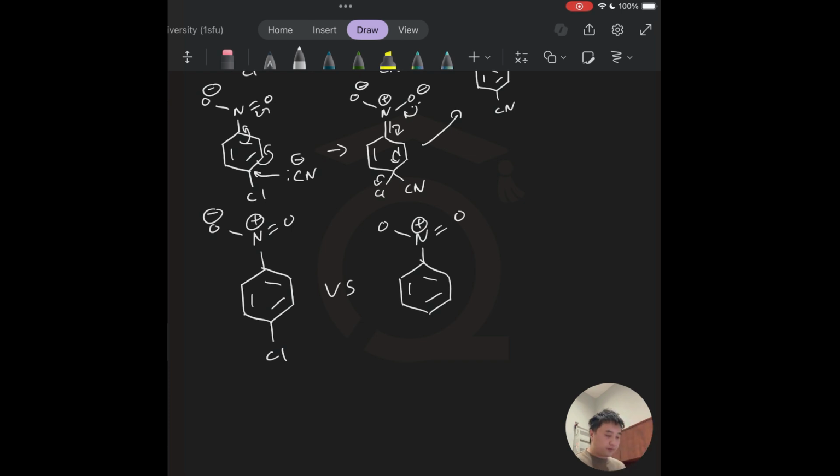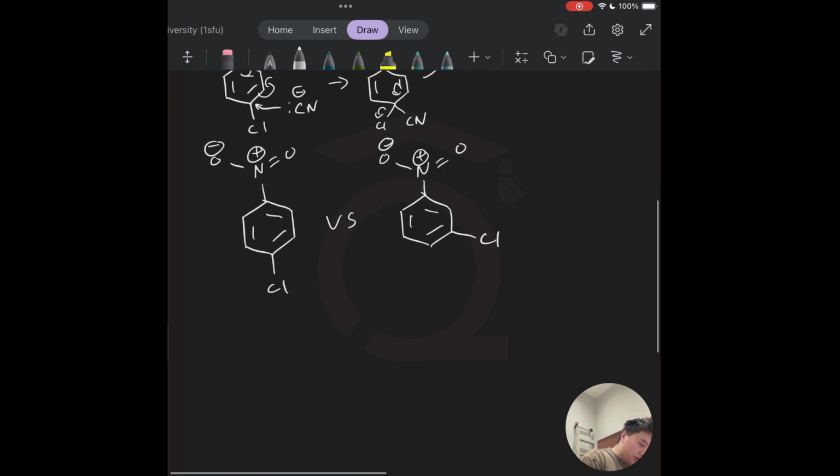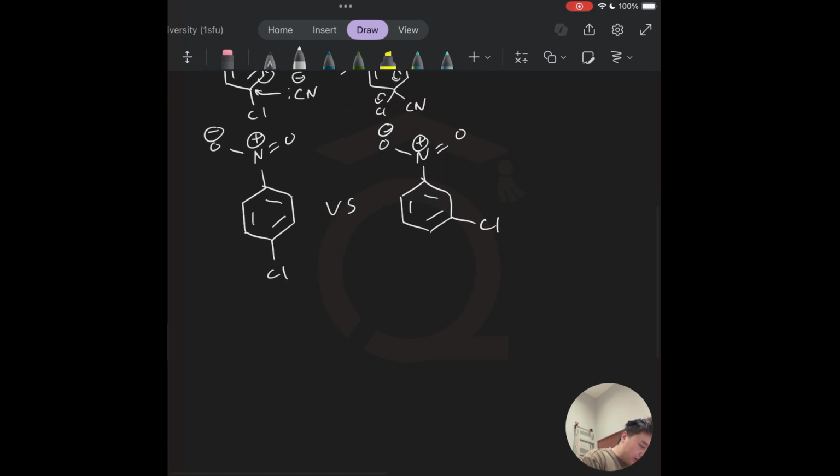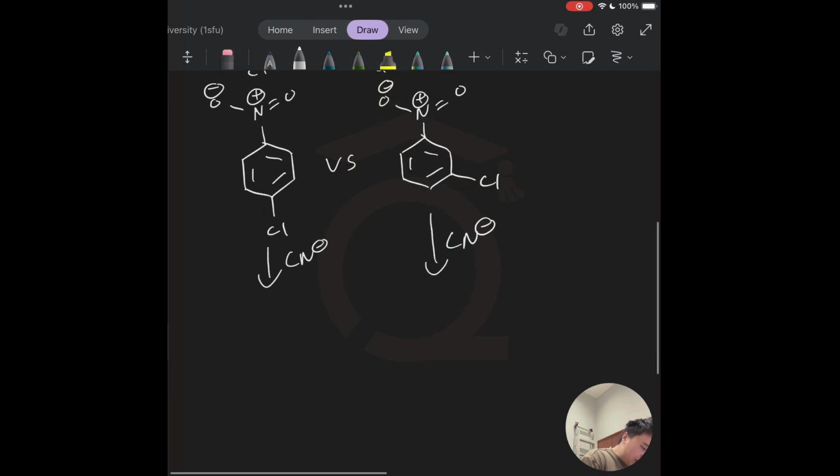Okay, so if you do NAS with both of these, with, say, cyanide again, you'll get the cyanide at the position of the leaving group.